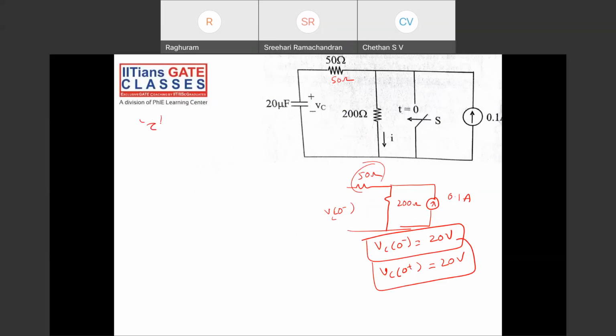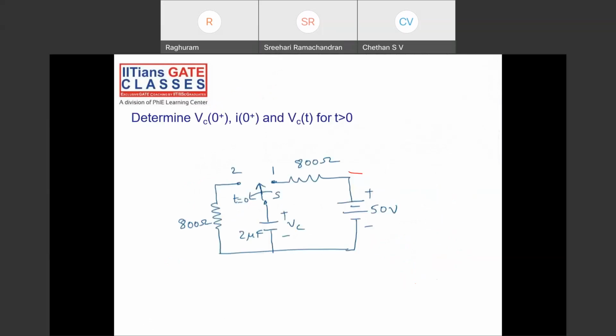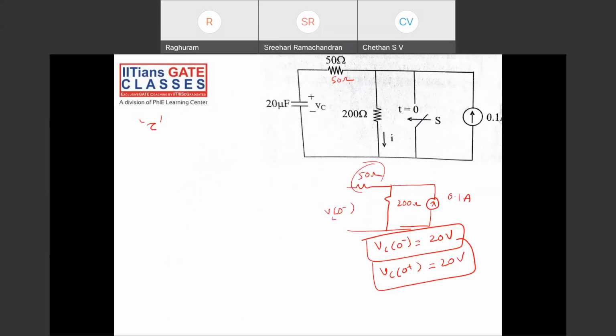For finding the time constant, what should I do? At t equal to 0 plus, what happens? This circuit is being shorted, so only this is what is left. This is 50 ohms, 200 ohms, it's getting shorted, right?